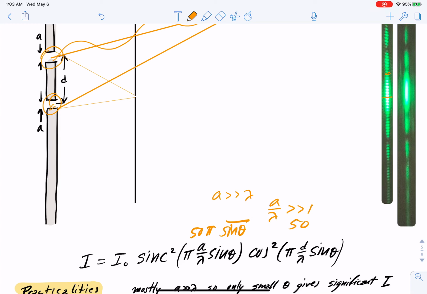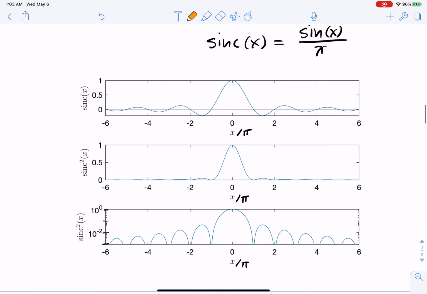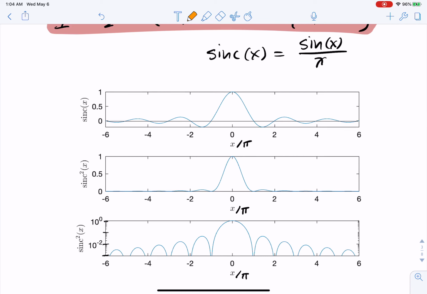So if this is anything more than a tenth, then you're going to have essentially 5 pi, and the sinc of 5 pi is essentially 0. Let's go back up to this graph. The sinc squared, this is in terms of x over pi, so 5 pi is out here. It's really small. Even out here, it's already pretty small.